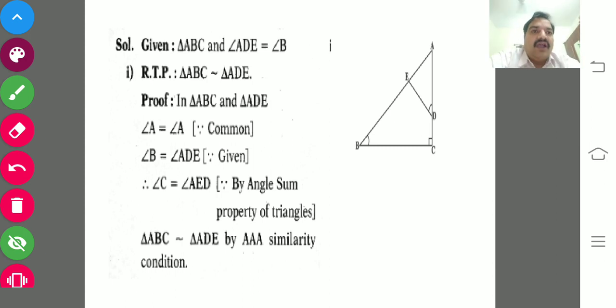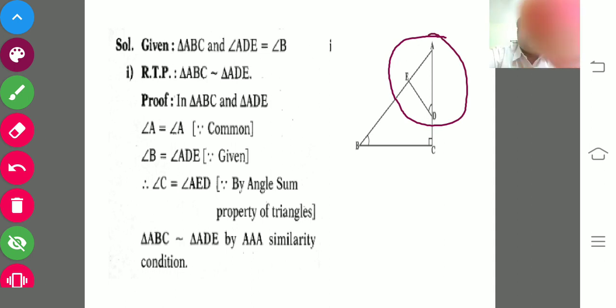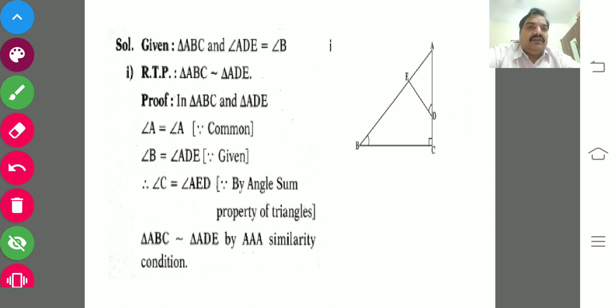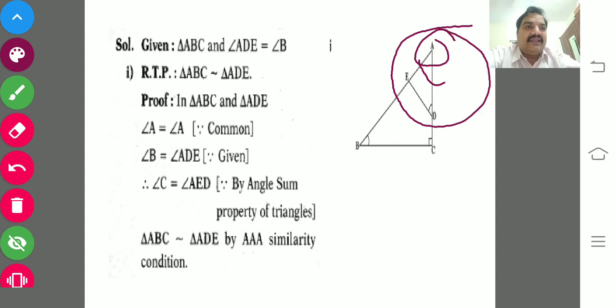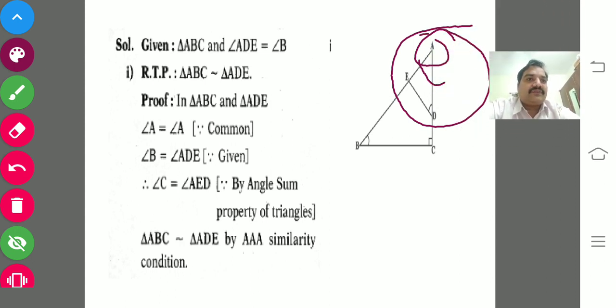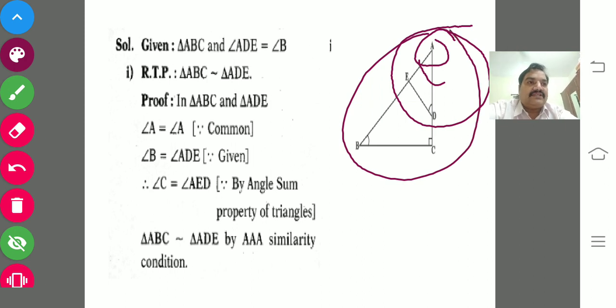How did we analyze in our previous session? Like that only. Here in triangle ABC and in triangle AED, what are the common qualities? Yes, angle A is common because angle A is there in triangle AED as well as in ABC.